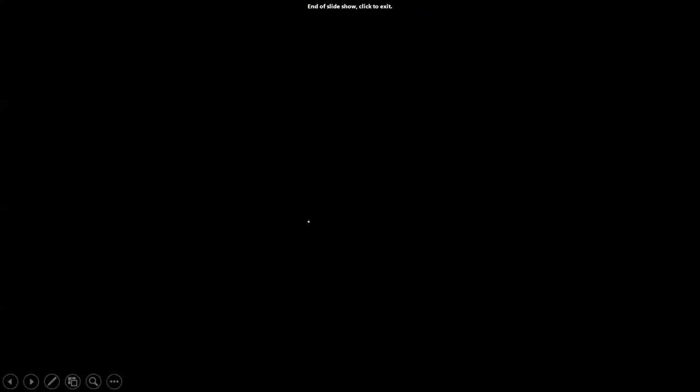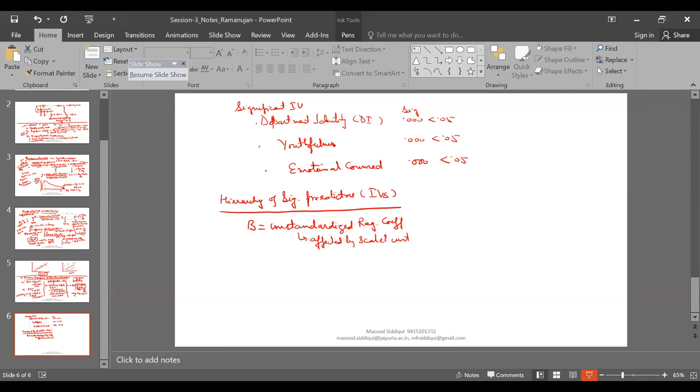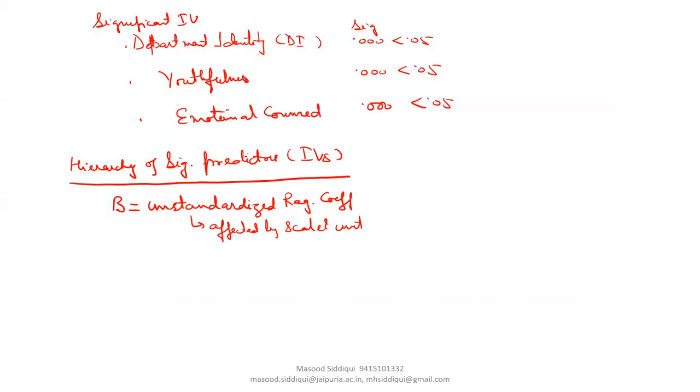So if different variables have different scales or units of measurement, then this value of B gets affected.